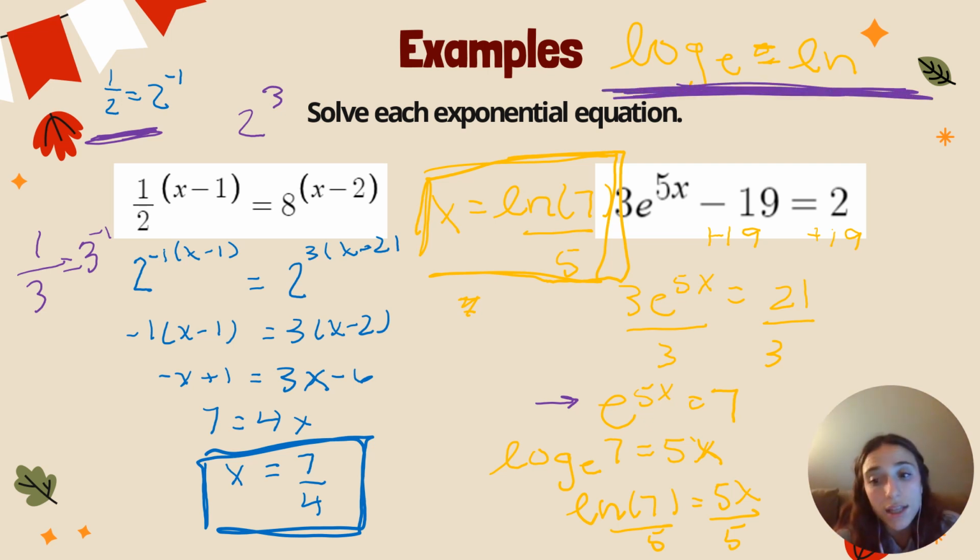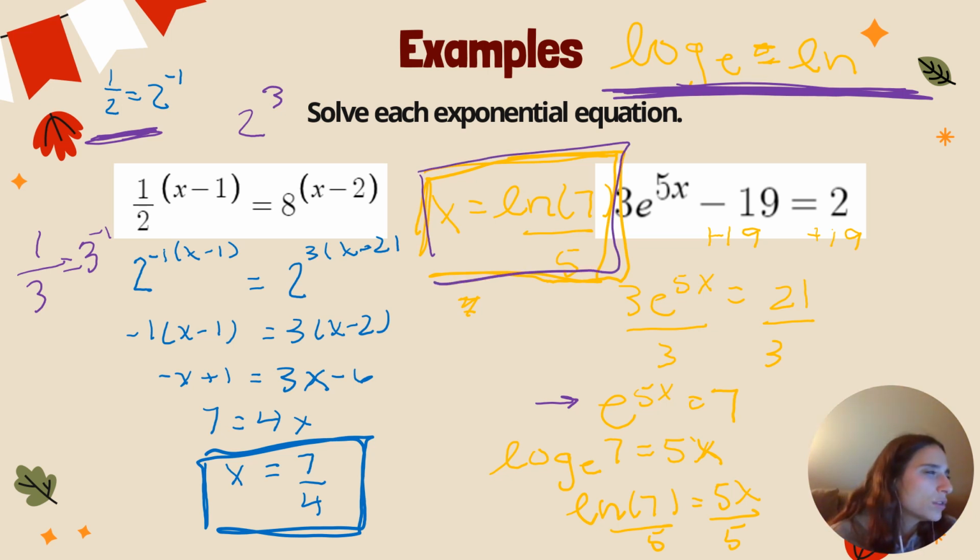You have to use ln instead. So you need to recognize log base e is ln. And then I can solve by dividing by 5 after I change to log form. And so my exact answer would be ln of 7 over 5, which as a decimal is about 0.39. But an exact answer is good for this one.